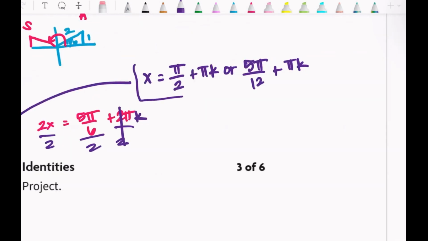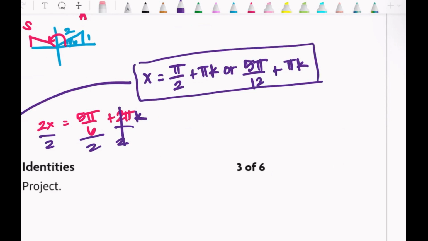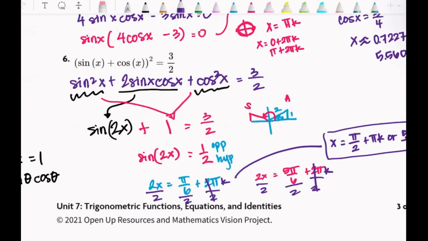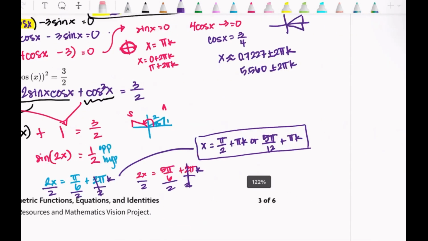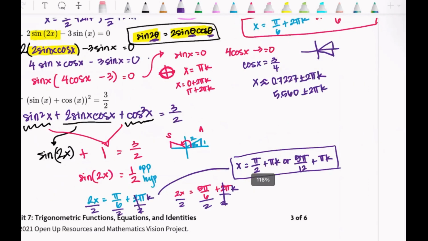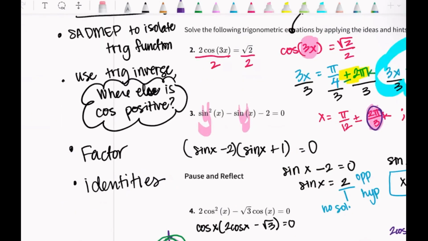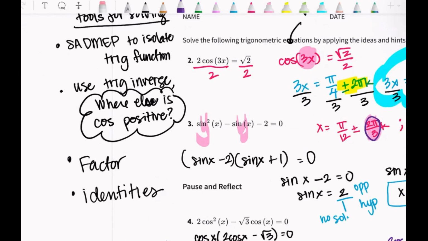I can check every single one by using the graphing calculator and plugging one side in, sine x plus cosine x quantity squared, for one line, and then see where that intersects 3/2 on the other line, and find all those intersections. I could do that. What I really want you to be comfortable with is using this list, right? Try to SAD map it.